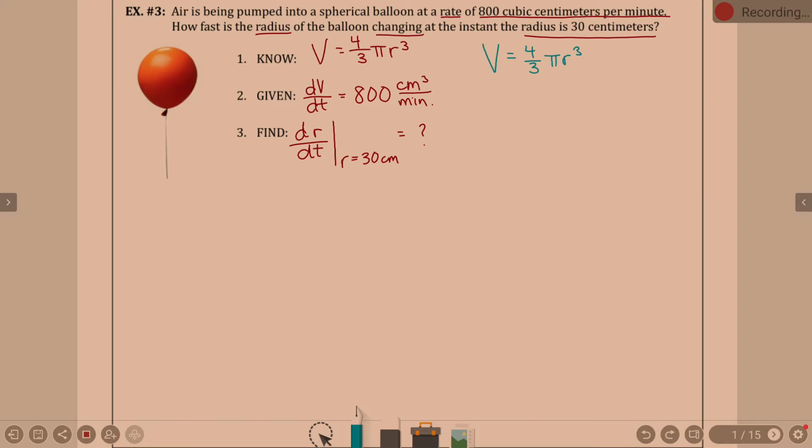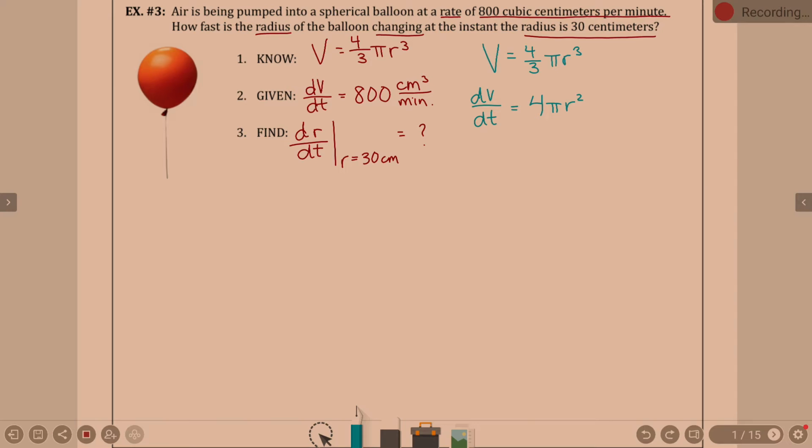Derivative of volume we're going to use is dV/dt. Derivative of 4/3 pi r cubed. Four pi, right?